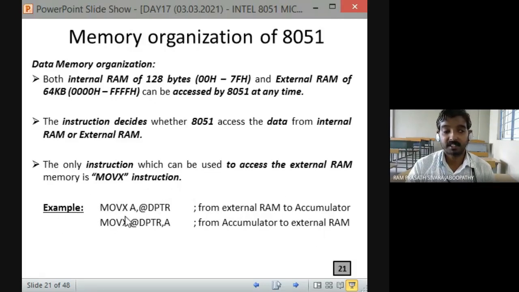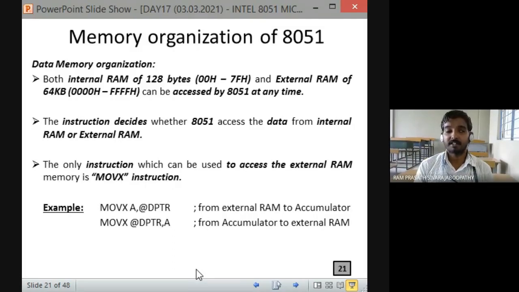MOVX A, @DPTR is from memory to accumulator. MOVX @DPTR, A is from accumulator to memory. Clear? When the controller executes the particular instruction, the data transfer automatically happens between external memory and accumulator, or from accumulator to external memory. MOVX.